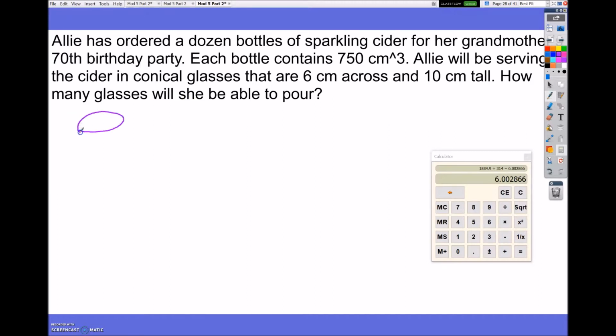It's basically a fancy glass that looks like this. This is where you're pouring the drink into, so we're only going to be focusing on this part of the cone. It is 10 centimeters tall, and it's 6 centimeters across.